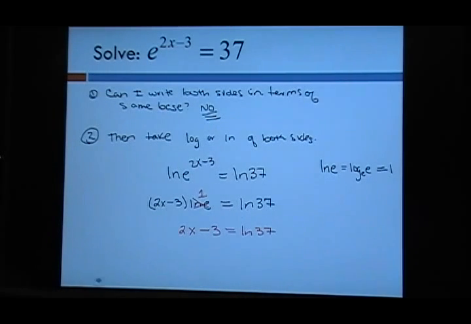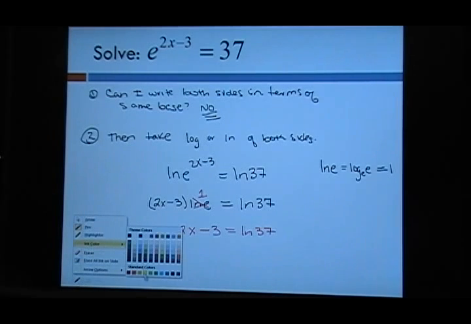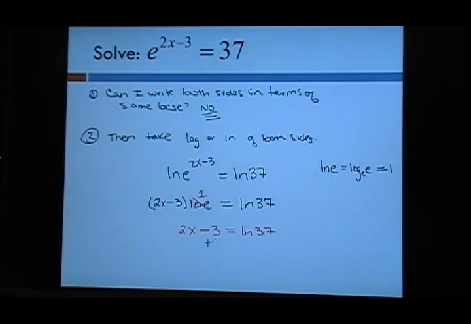So I'm going to add 3 to both sides. So now I have 2x equals the natural log of 37 plus 3. And then dividing both sides by 2, this is the exact value for x.